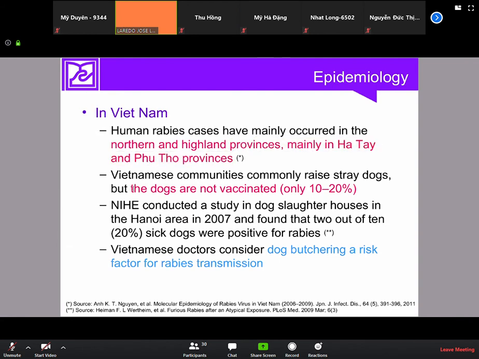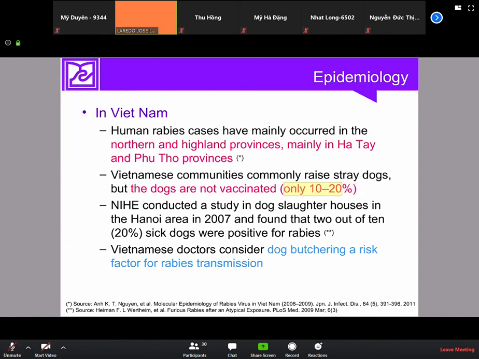Why? Because in Vietnam, most dogs are not vaccinated. The Vietnamese scientists from this paper say that the problem in Vietnam is that people commonly raise stray dogs. And these dogs are usually not vaccinated. Just only 10 to 20% of dogs are vaccinated.